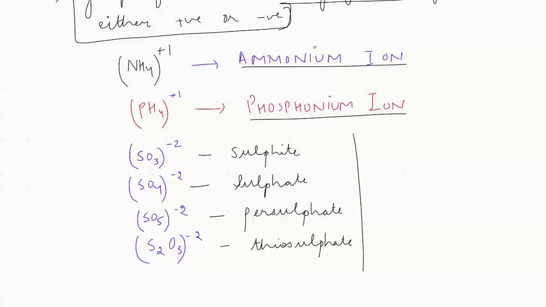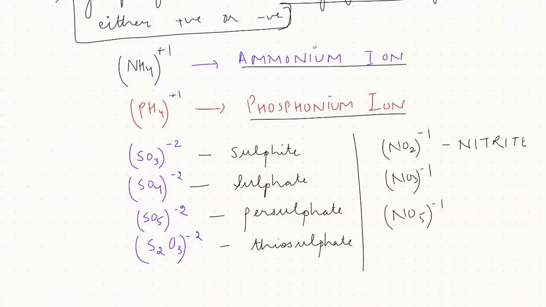Let's suppose I say NO2 minus, NO3 minus 1, and NO5 minus 1. So this would be nitrite, this would be nitrate, and this would be pernitrate. I hope you're understanding.